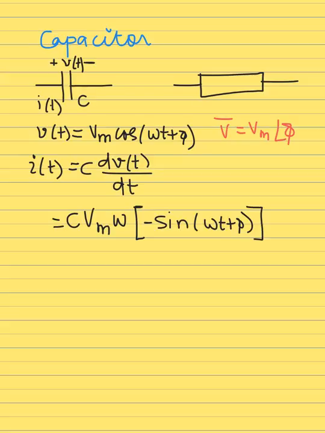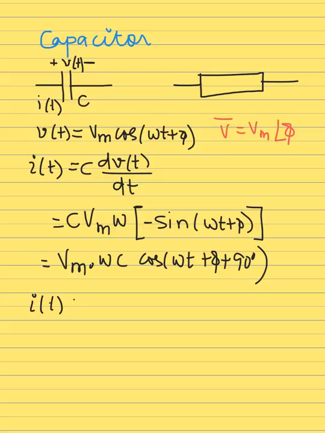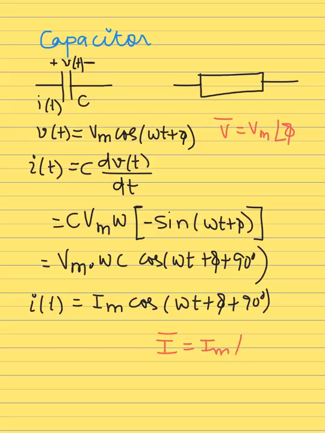So again we need to convert sine to cos, and that brings us Vm ω C cos(ωt + φ + 90 degrees) because it's a negative sign. Okay, so that's the expression for i, which let's say is given by Im cos(ωt + φ + 90 degrees), and in phasor form, it will be I phasor equals Im at an angle of φ + 90 degrees.